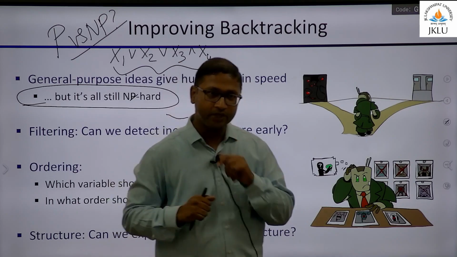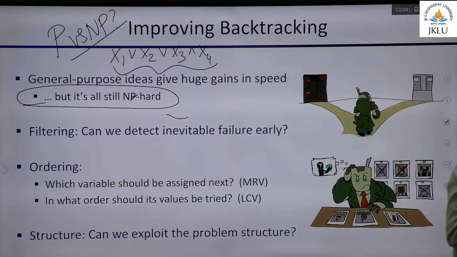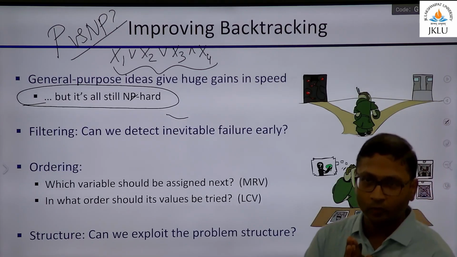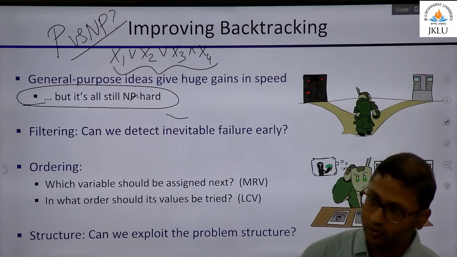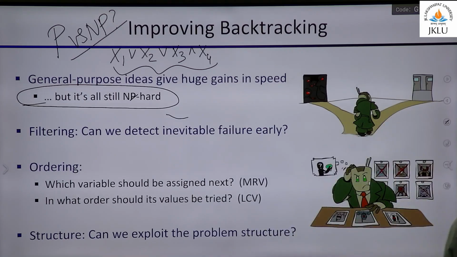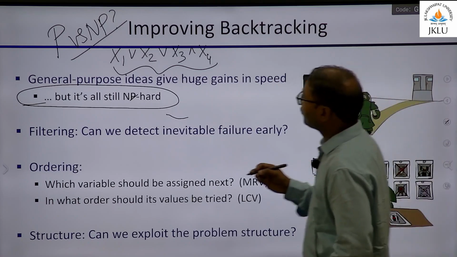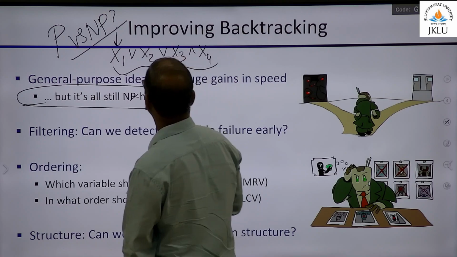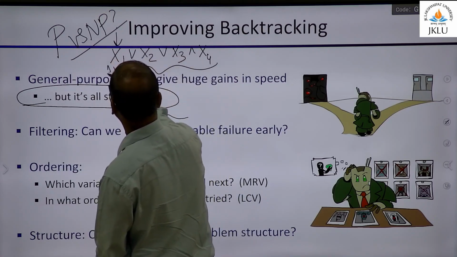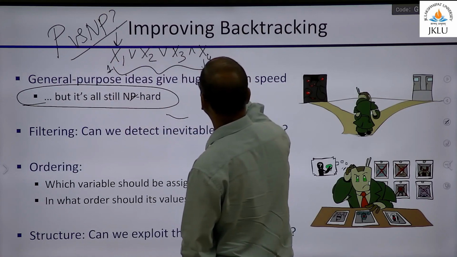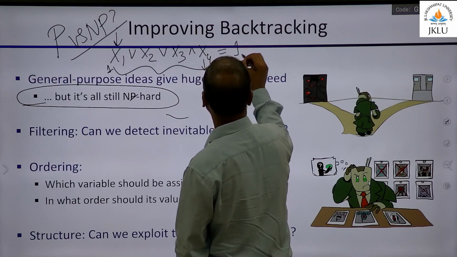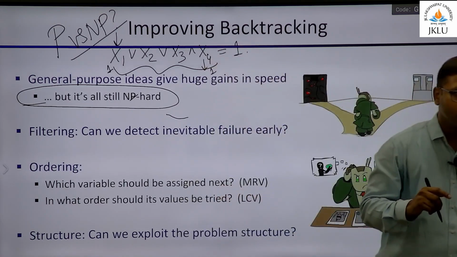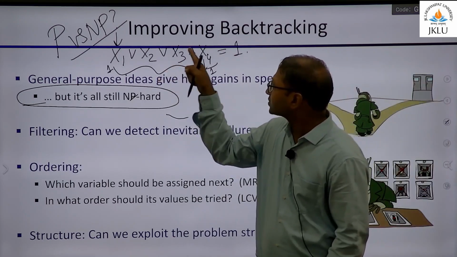If this is a Boolean formula, x1 to x4 can take values from their domain, which is 0 or 1, okay? So, if I put this equal to 1 and if I put this equal to 1, will this give me 1? Does it matter what I put for x2, x3?